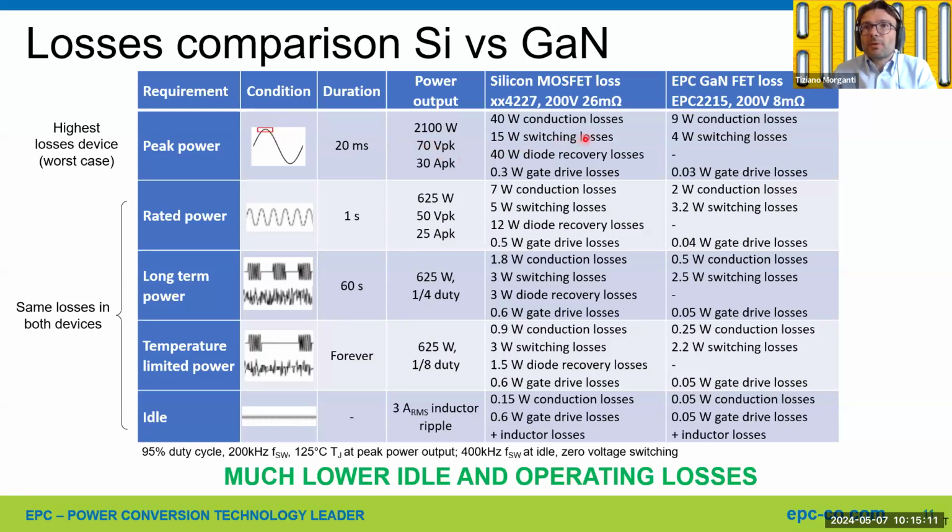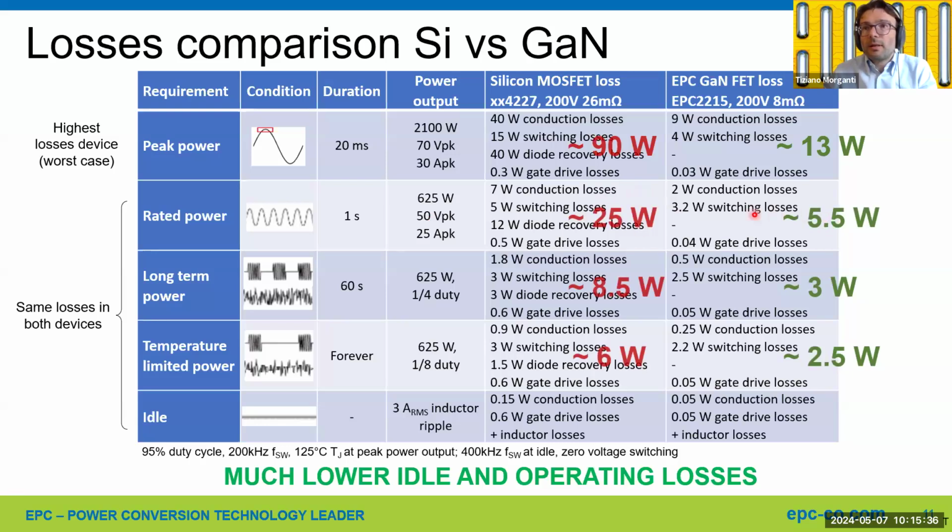But in this worst case scenario, the silicon MOSFET is dissipating about 90 watts of losses. And with the EPC2215 the loss is reduced to 13 watts, mostly because of reduction of the conduction loss and the reverse recovery loss.